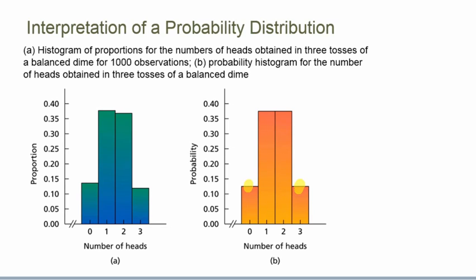When we tried out our experiment, they weren't quite equal, but they were kind of close. Theoretically, 1 head and 2 tails should be the same as 2 heads and 1 tail. That didn't quite come out when we had 1,000 observations, but it was close. The more observations we do, the closer it will come to the theoretical probability.